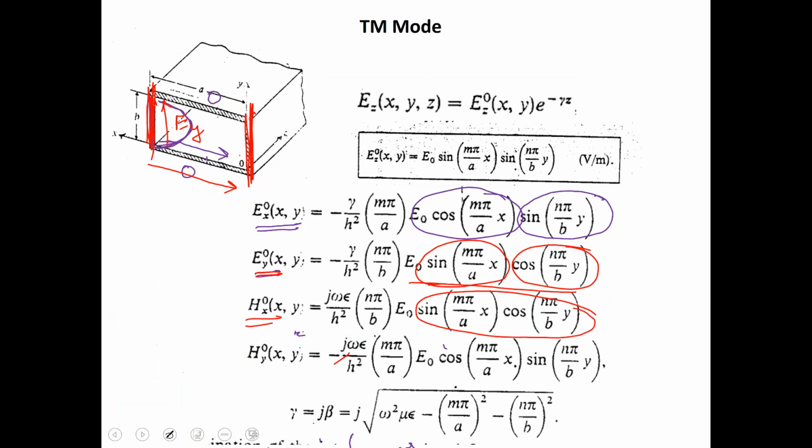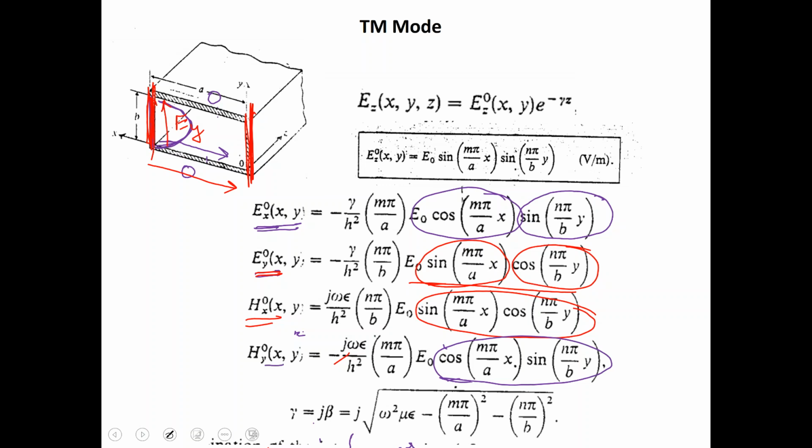Similarly, the field which is coupled to the EX field, which is generating the power within that part, EX cross HY, is going to have the same variation as my EX field.